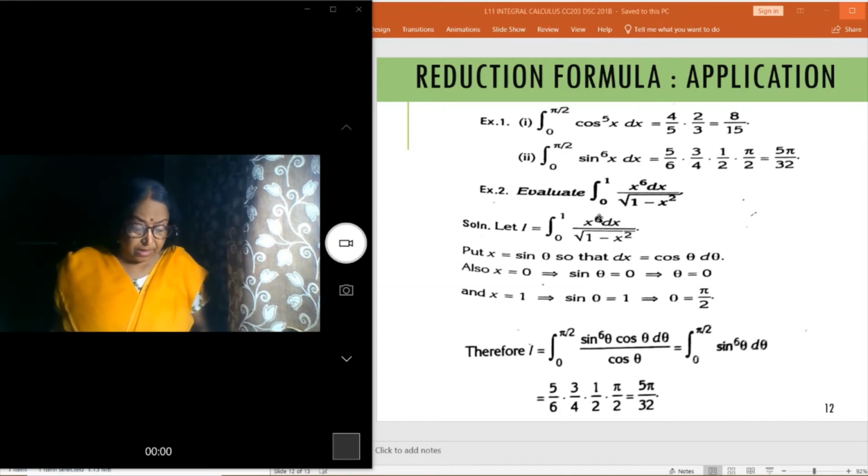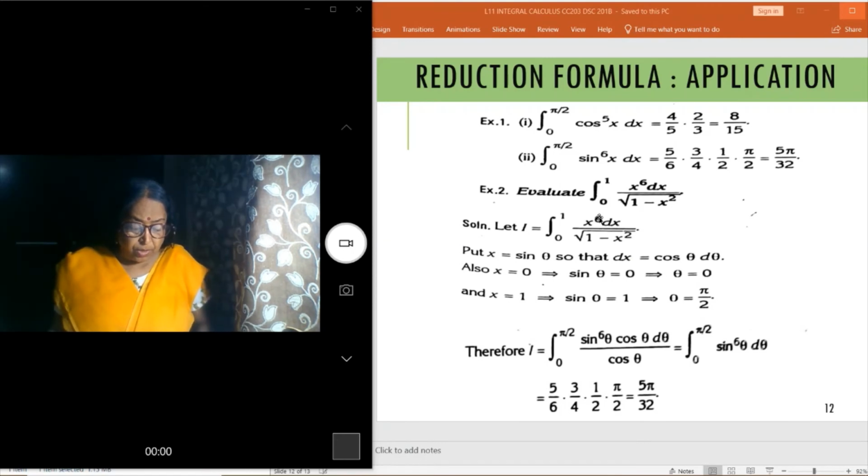Here, 5 is an odd number, so it will start from the denominator. If we start from the denominator, then 5, 4 in the numerator, then 3 and 2 in the numerator, and this value lasts up to this only, and its value is 8 by 15.